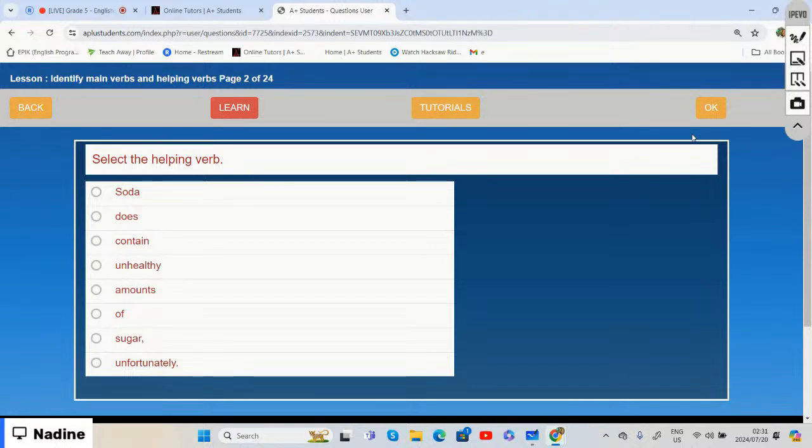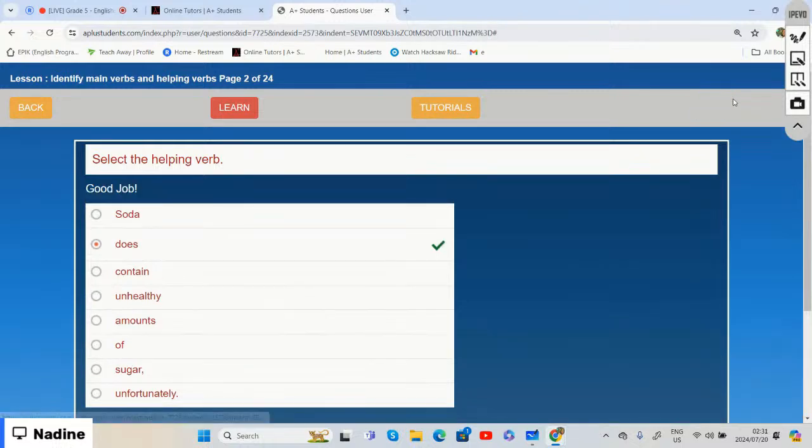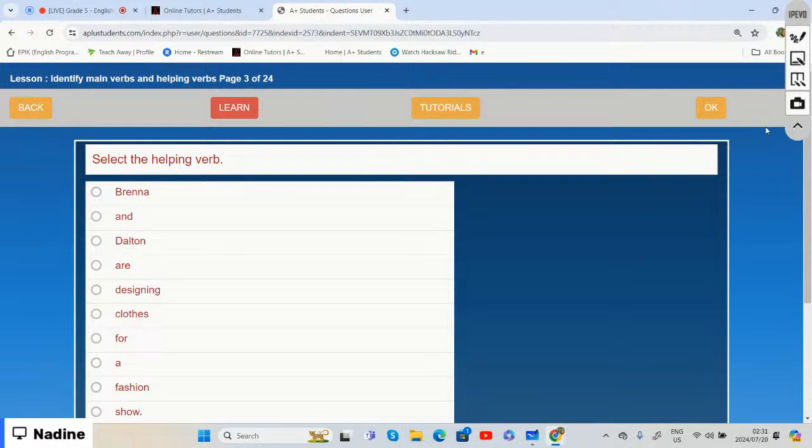So we're going to select a helping verb, and if we select the helping verb within the sentence, then yes, does is a helping verb. Does helps the main verb, which is contain, with the rest of the sentence. So soda does contain unhealthy amounts of sugar, unfortunately. And we said a helping verb is does. Well done. Does is correct.